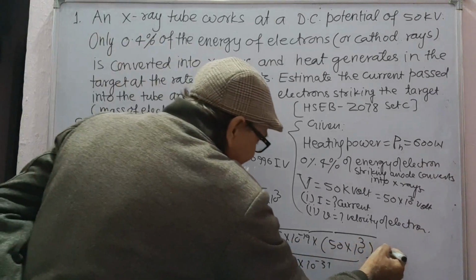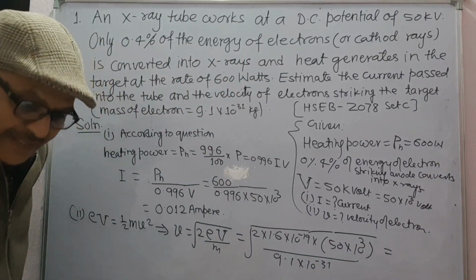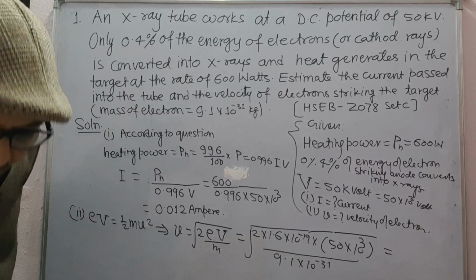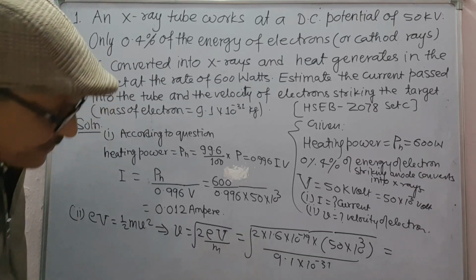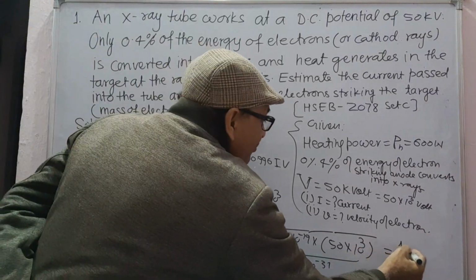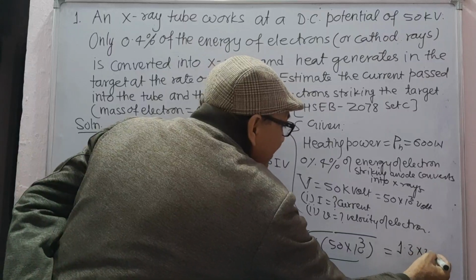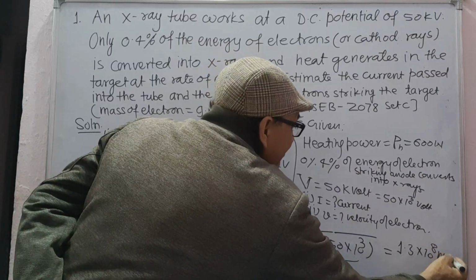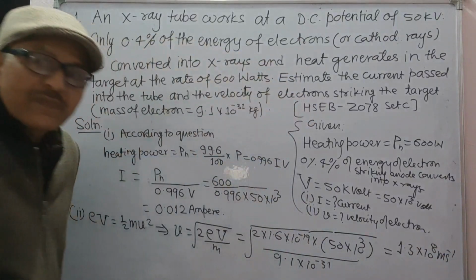On simplifying, we get the velocity of electron striking the anode as 1.3 into 10 to power 8 meter per second.